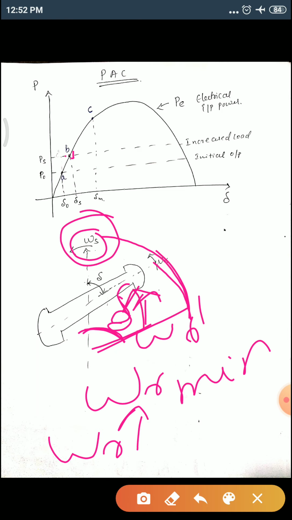So till this point B, your omega r will be at a minimum position. Once it reaches the minimum, after a certain period, your omega r starts increasing.